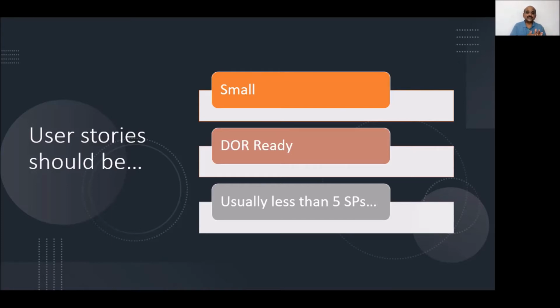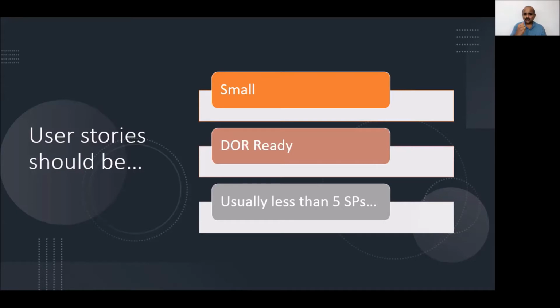So in the absence of this, if you take it, what happens is you end up not completing the user story, and ultimately the team appears in front of the stakeholders as if they have not done the work, and their velocity will not increase.